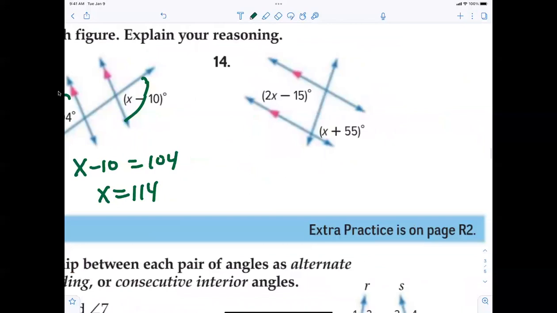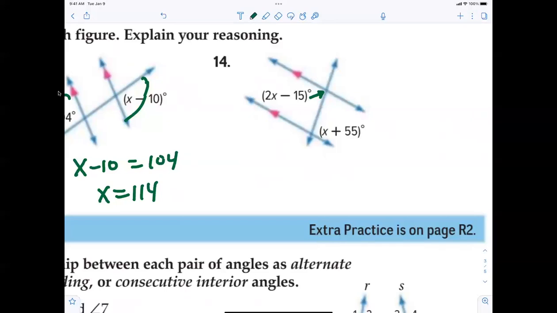Now, sometimes it's hard. I will make it so it's obvious what goes where. But that angle is 2x minus 15, and the other one is x plus 55. So we can just say x equals what? X equals what? I'm not sure what y'all are doing.